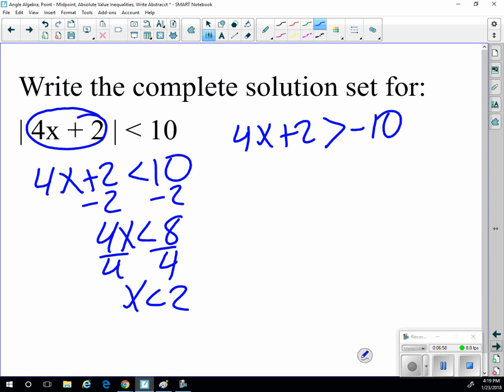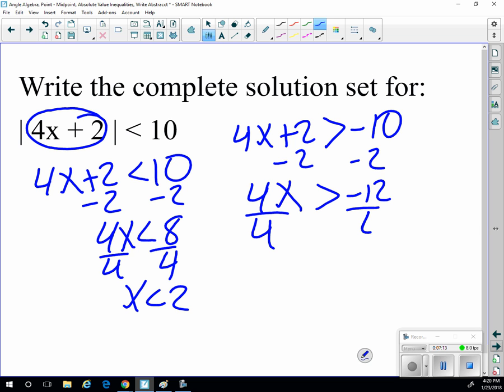So I have to be to the right side of negative 10 to be with it, so that the absolute value of the distance away from 0 is less than 10. So then when I subtract 2, I get a negative 12. And that has to be greater than 4x. So x is greater than negative 3.